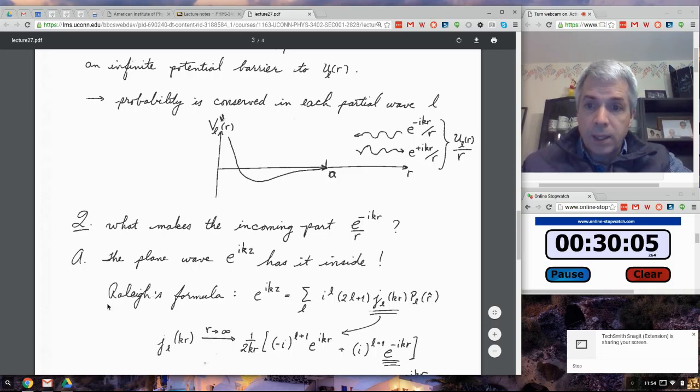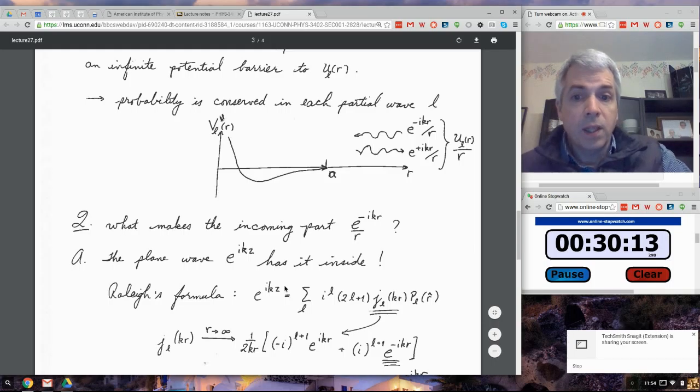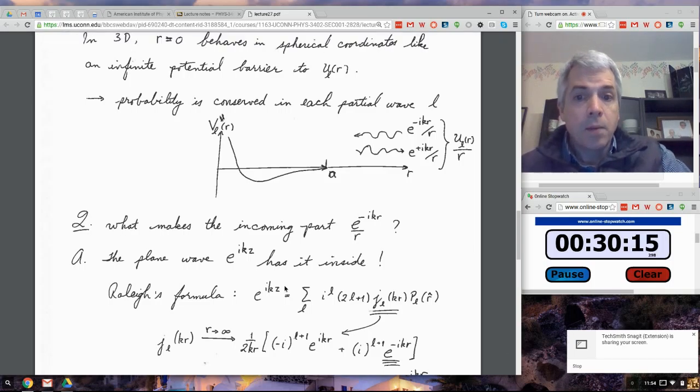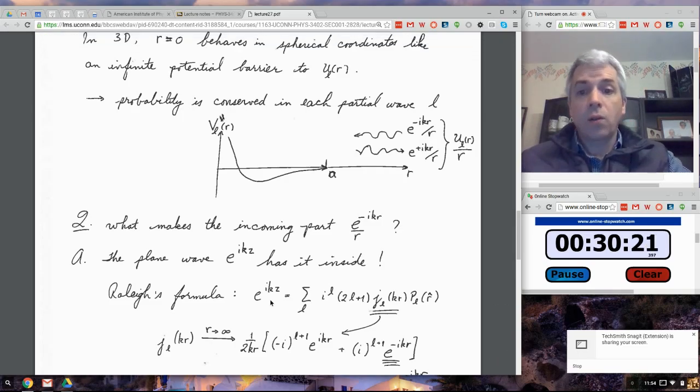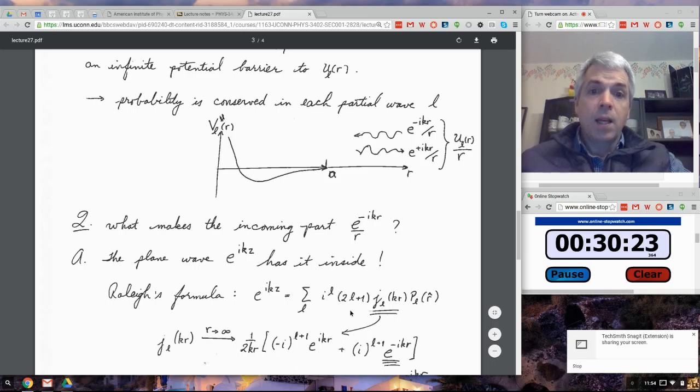Rayleigh's formula. Rayleigh came up with this expansion. He said, here's a function that's written really in Cartesian coordinates, but any function in Cartesian coordinates can be re-expressed in cylindrical coordinates or in spherical coordinates by using the appropriate complete set of basis functions.